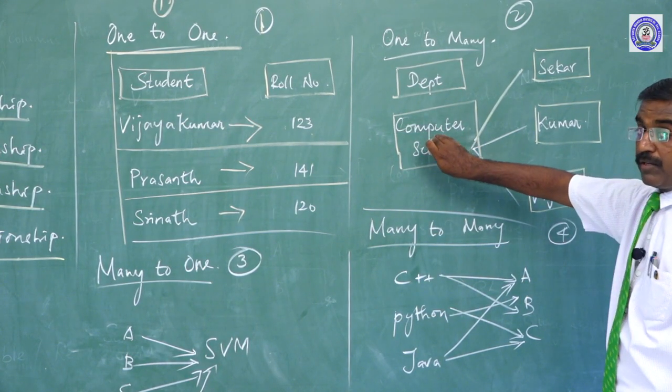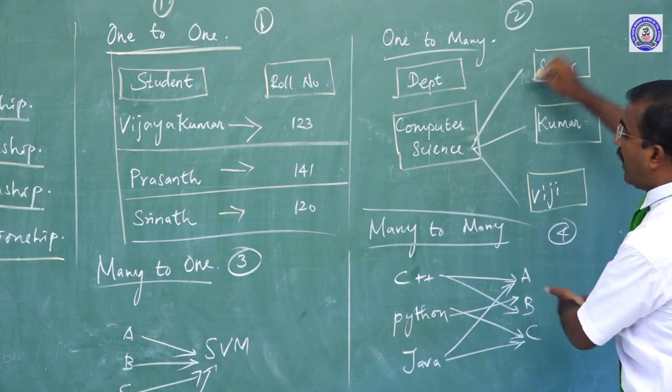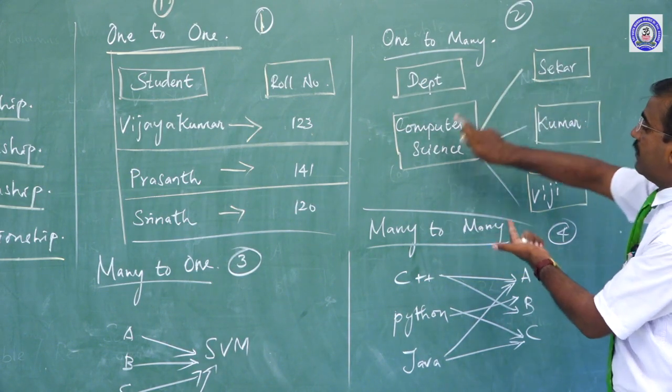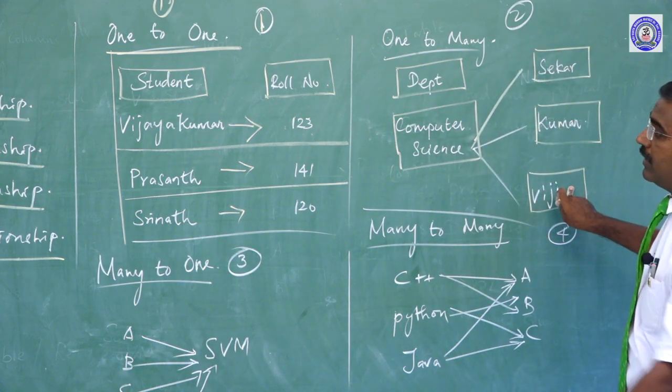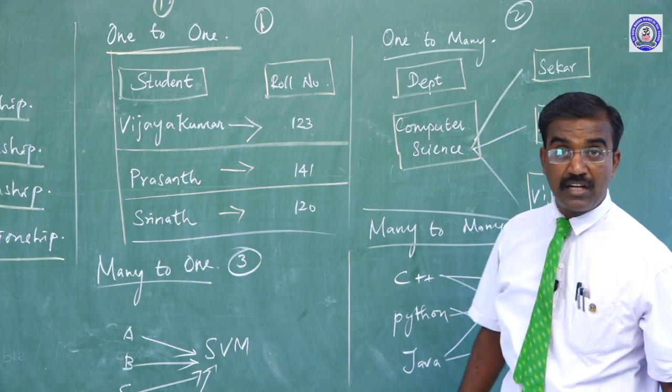The computer department has many different faculty. That's why it is one-to-many: the information goes to these three people. That is called a one-to-many relationship. I think you can understand clearly.